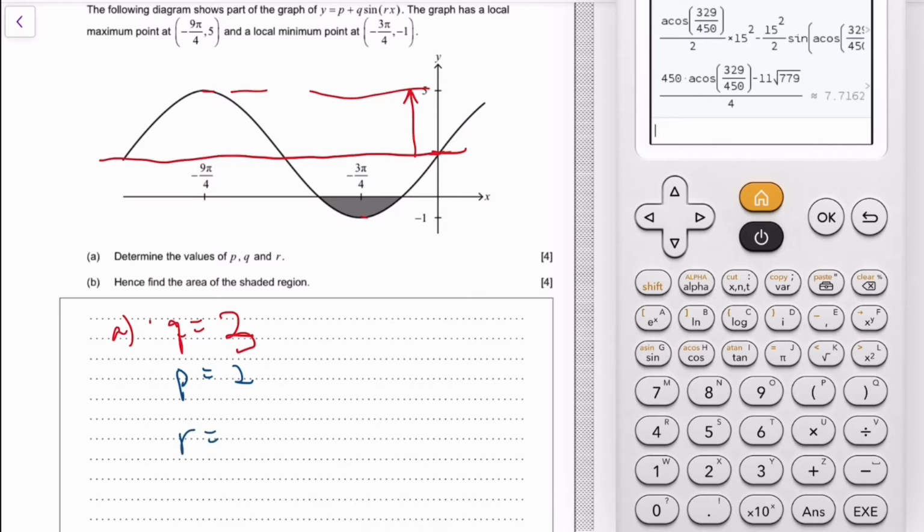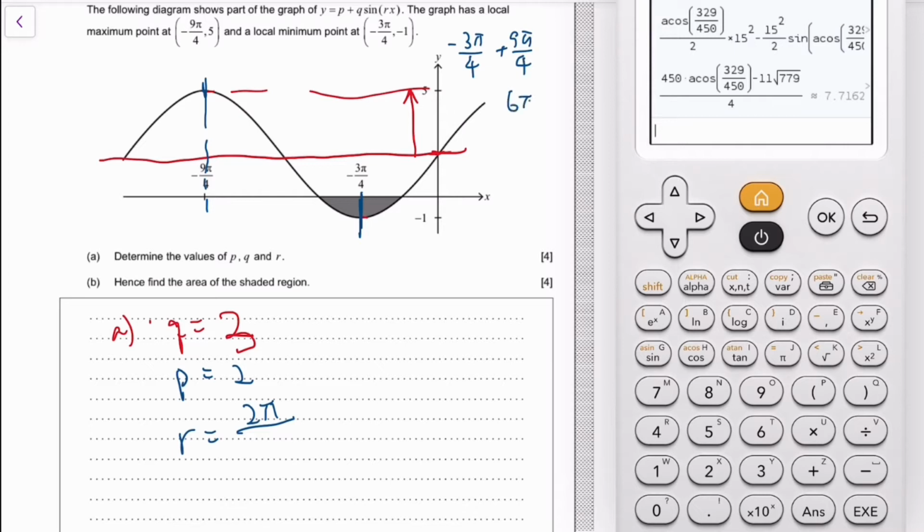So I think you know R would be the original period of the sine graph divided by the actual period of your graph, because it's telling you how many times the thing got compressed. So what's the period? If you go from this to this, then the difference between them is minus 3 pi over 4 minus negative 9 pi over 4.